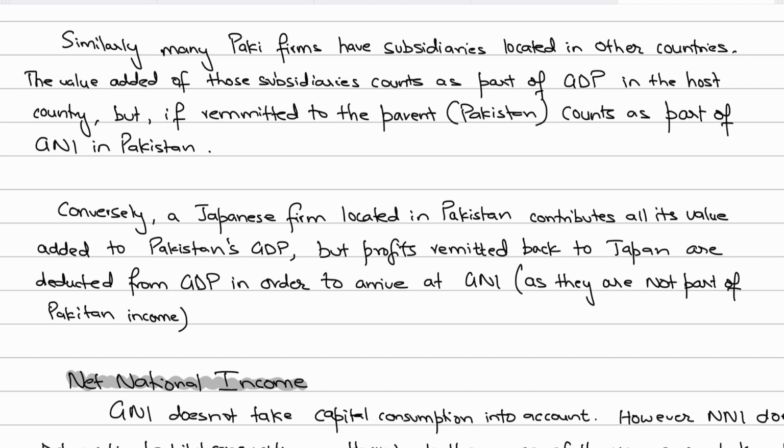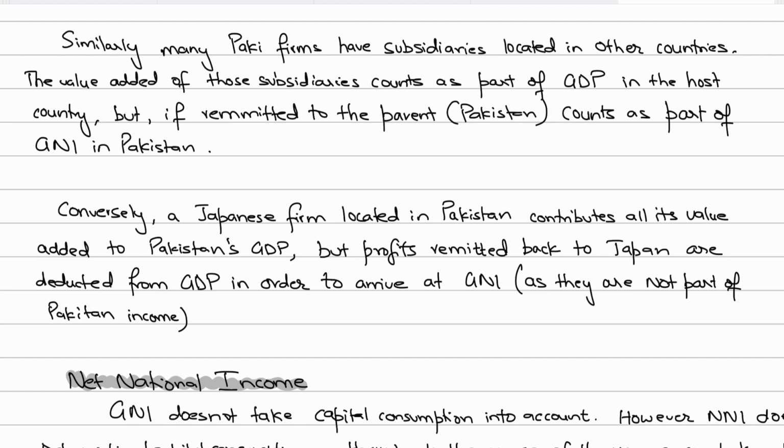So what I was saying was that if I own that subsidiary in USA, whatever output is produced by that subsidiary is part of USA's GDP. The value added by this subsidiary is part of USA's GDP.